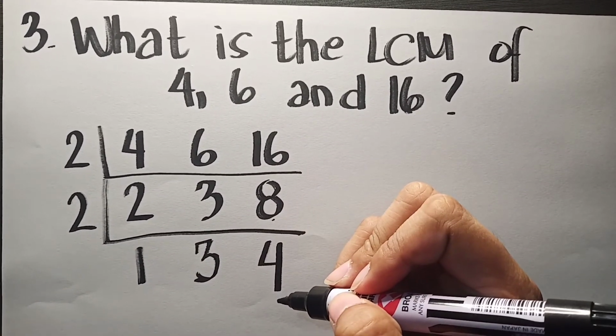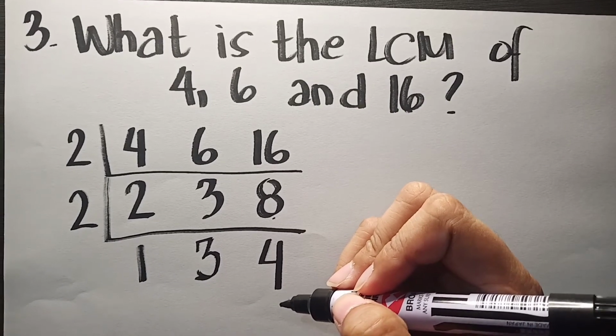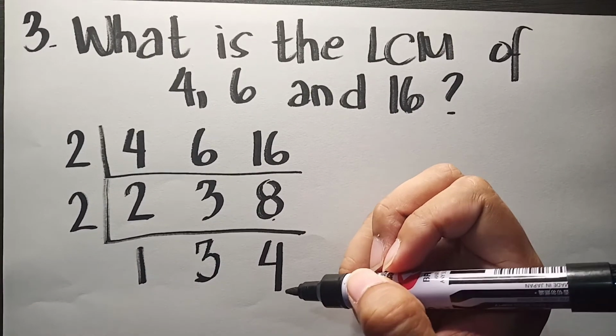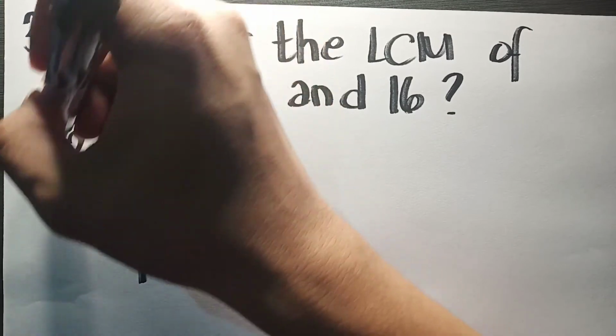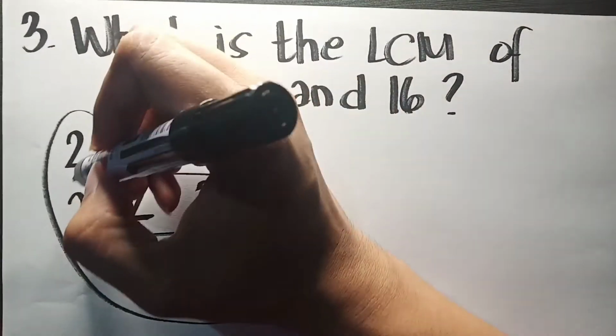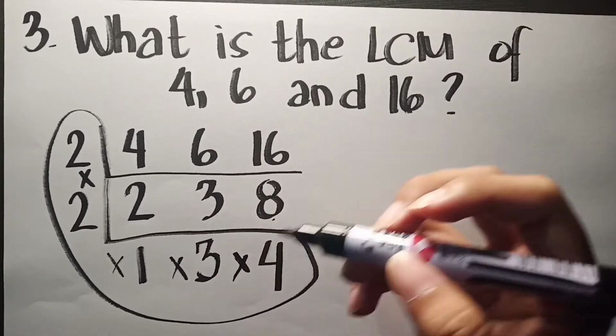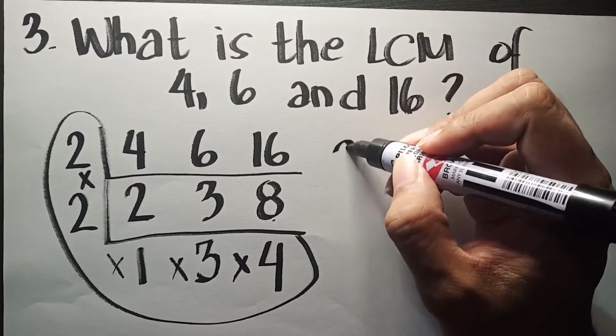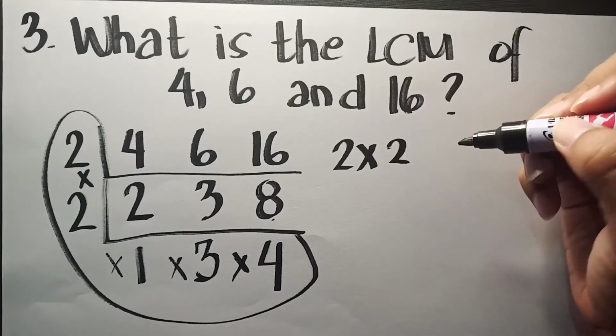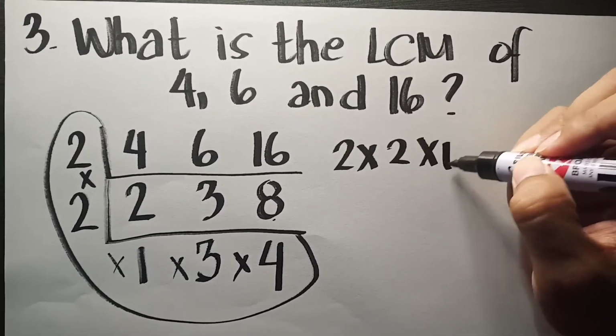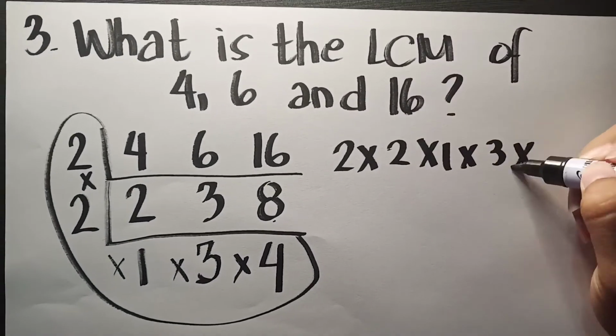So if we reach the numbers in which we cannot divide by any more common factor, you now get all the numbers outside the ladder and then multiply. So we have 2 times 2 times 1 times 3 times 4.